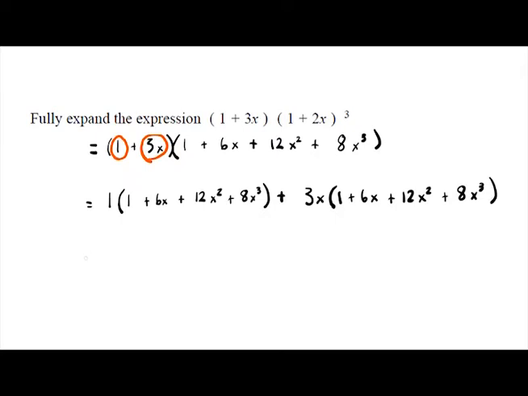So the first one, we don't even have to multiply it out because it's 1 times 1 plus 6x plus 12x squared plus 8x cubed.